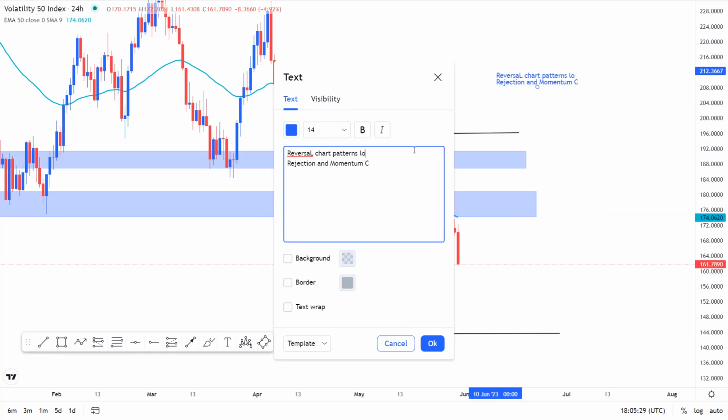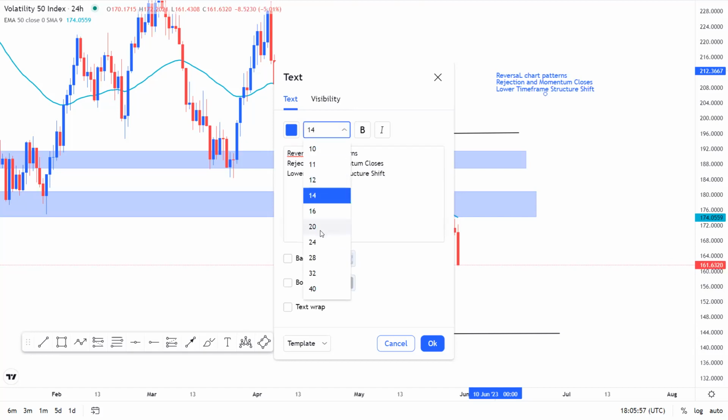Once we scale down toward the lower time frames, at the retest of that level, we're going to be looking for rejection and momentum candlestick closes. Also, we'll be looking for lower time frame structure shifts. So these are some of the things we need to look out for once we move down toward the lower time frames at the retest of this level.